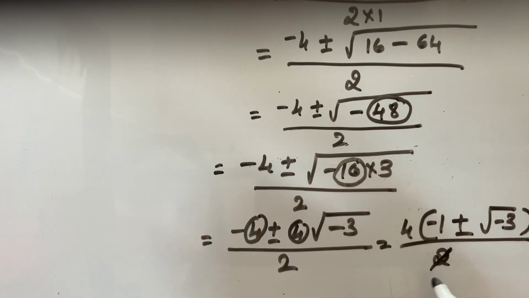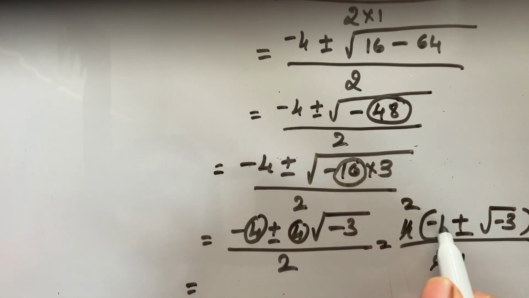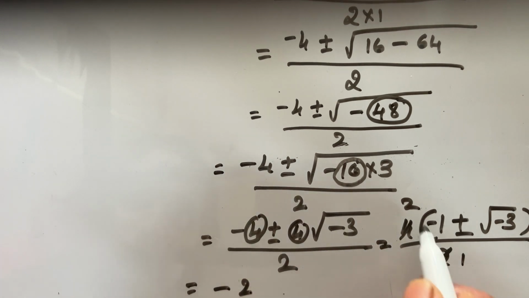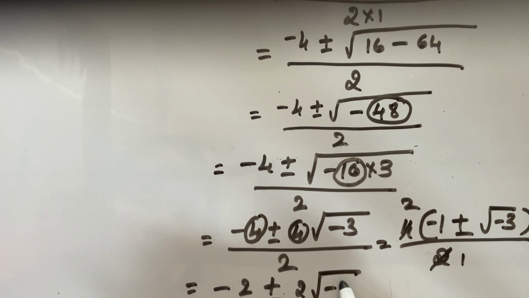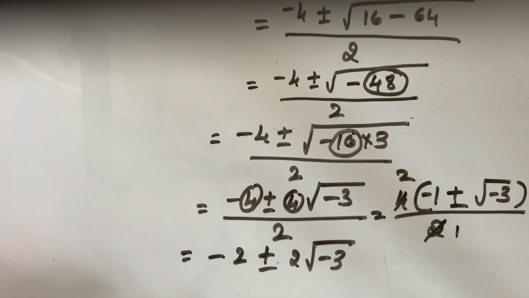Now I can cancel this 2. 2 times 1, 2 times 2. So the remaining thing is negative 2 plus or minus 2 times square root of negative 3.